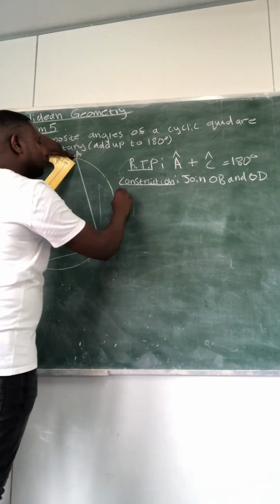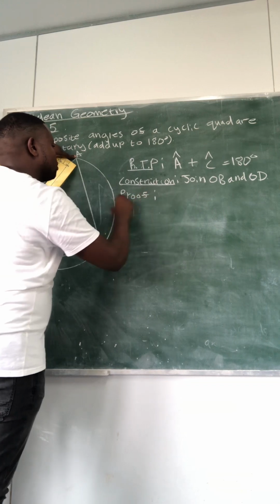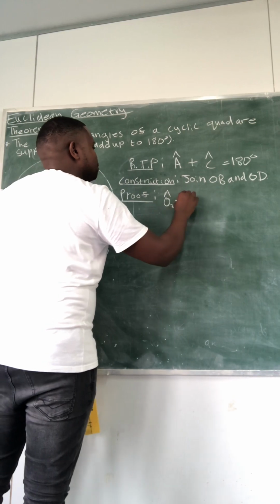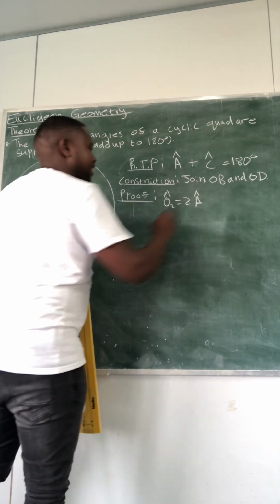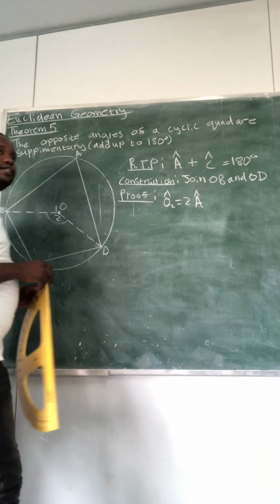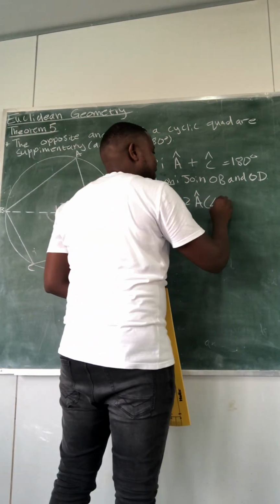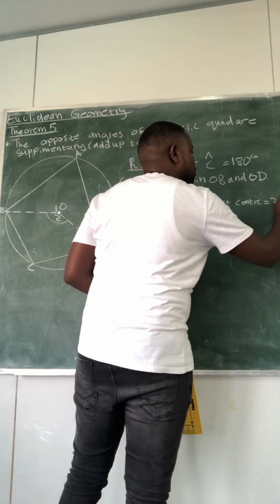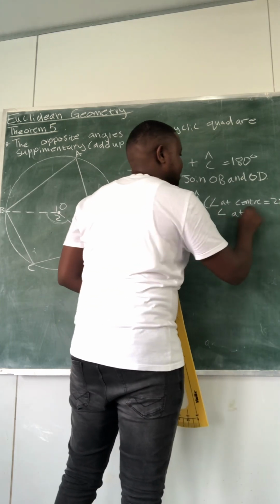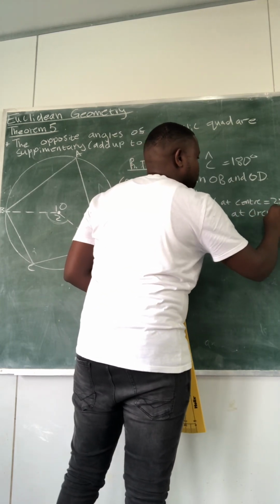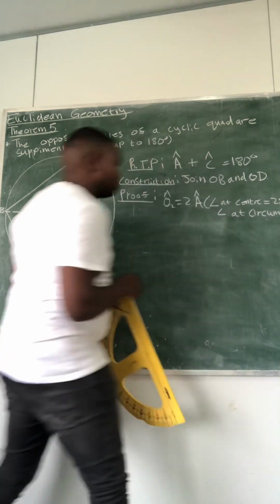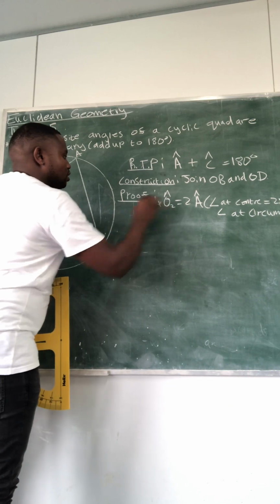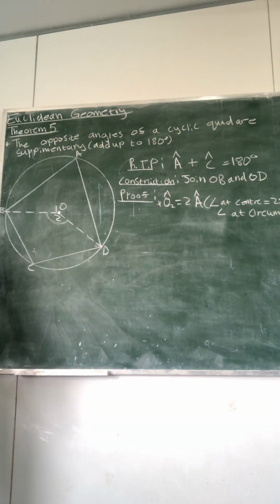Angle A. So angle O2 is going to be 2 times angle A. Why? Angle at center is equal to 2 times angle at circumference. Okay? This is the first thing that we can write with theorem number 2.